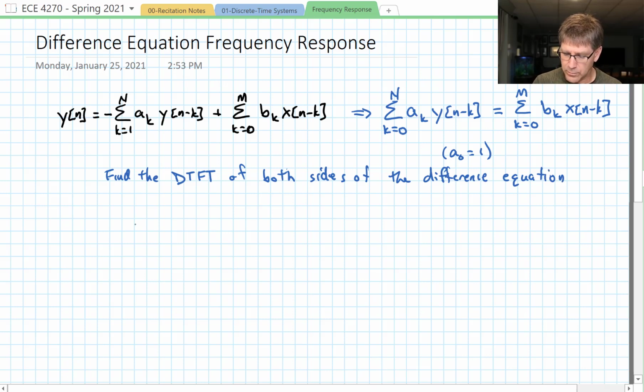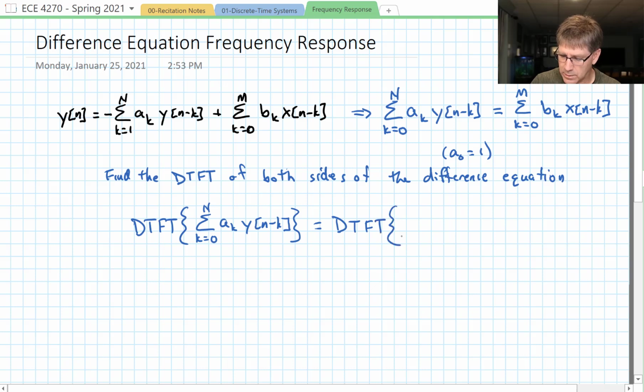If we take the DTFT of the left side, we get the DTFT of the sum from 0 to n of ak y of n minus k. And that should be equal to the DTFT of the right side, the sum from k equals 0 to m of bk x of n minus k.